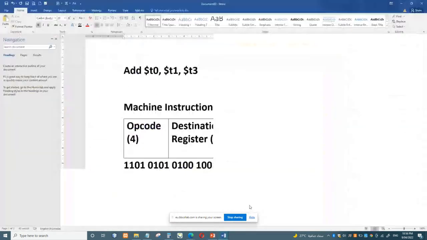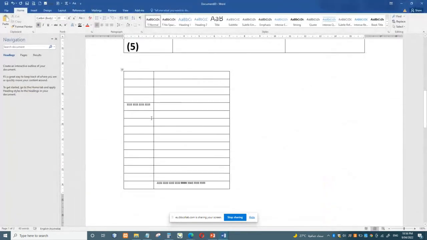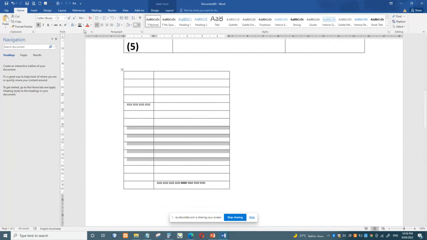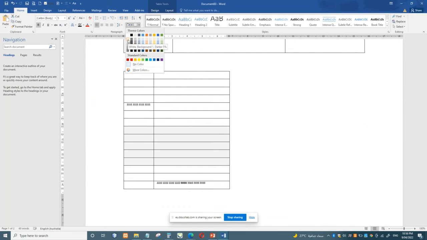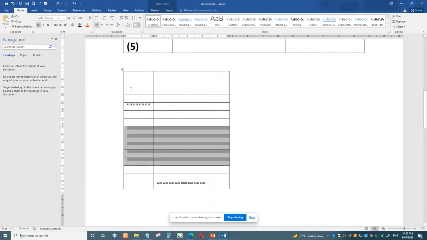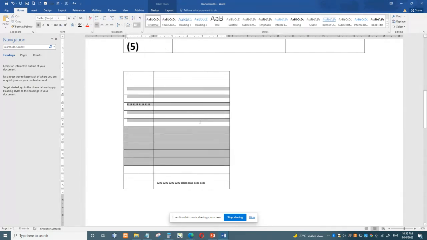Usually in the memory, we can make segments. This is one segment, this is another segment, and this is another segment.